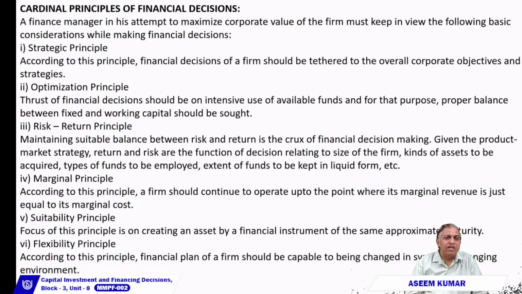According to this principle, financial decisions of a firm should be tethered to the overall corporate objectives and strategies. Optimization principle: first, financial decision should be an intensive use of available funds, and for that purpose a proper balance between the fixed and working capital should be sought.